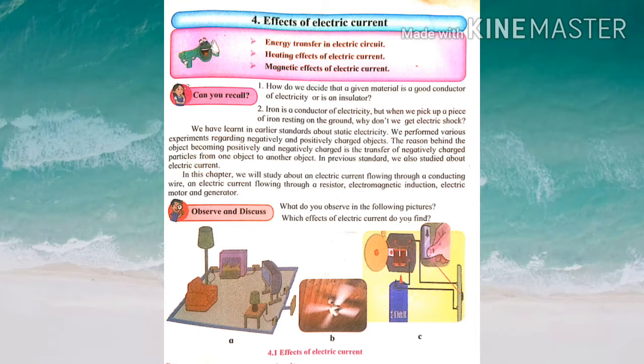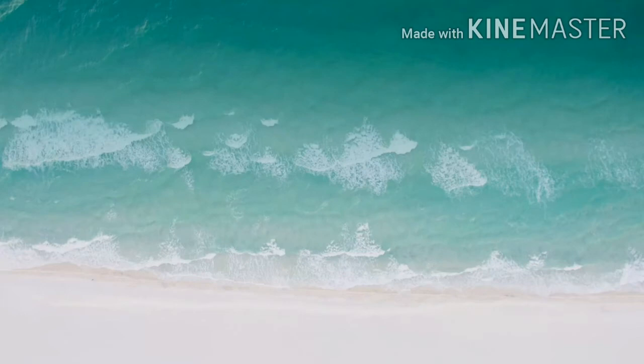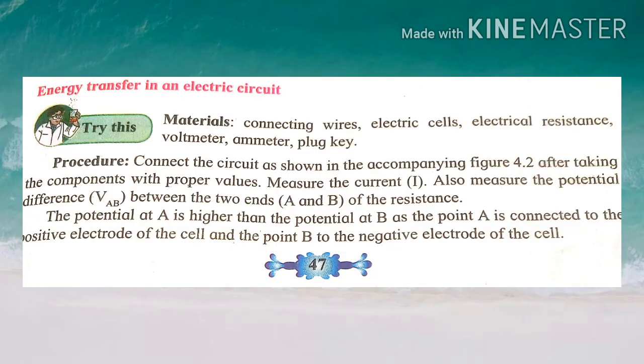Okay, now we discuss the first pointer, that is energy transfer in an electric circuit. Connect the circuit as shown in the figure. Potential at A is higher than at point B. This is because A is connected to the positive terminal of the cell and point B is connected to the negative terminal of the cell.